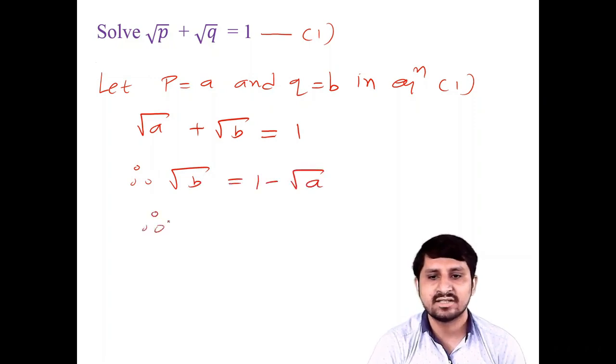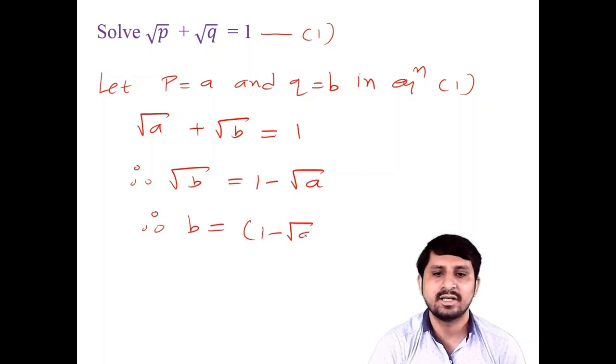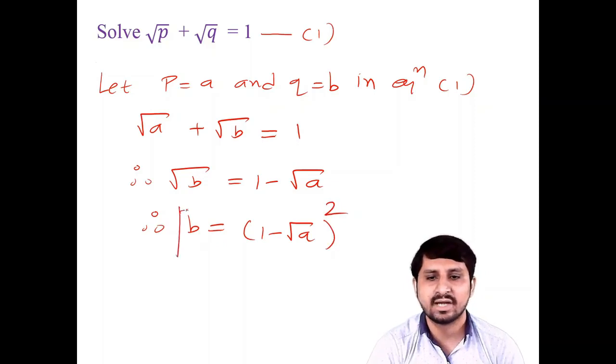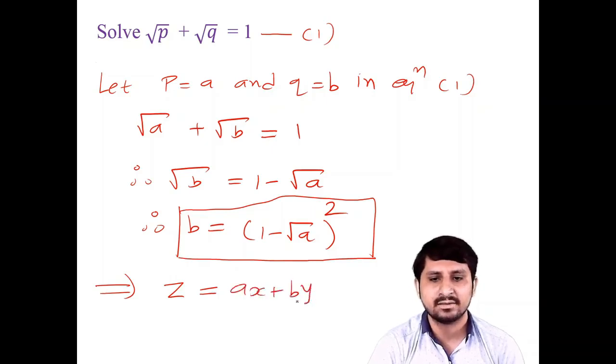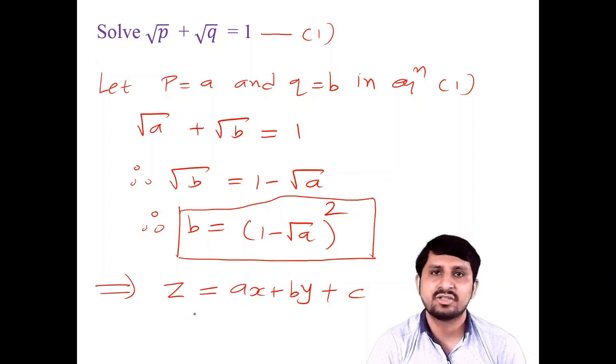So what is b? b is nothing but 1 minus root a, whole square. Now this is the value of b that we have to put in our equation. What is our complete solution? We know that the complete solution is z is equal to ax plus by plus c.